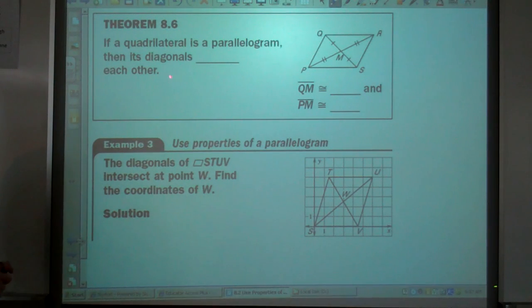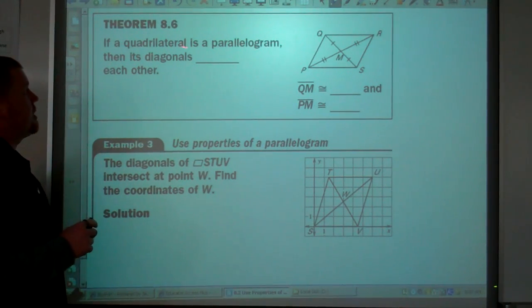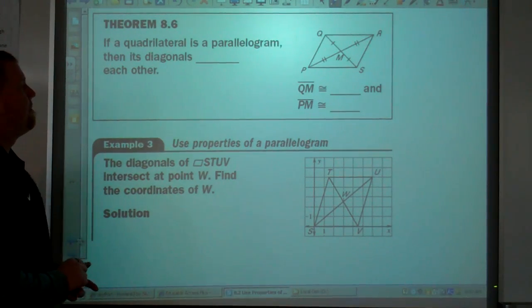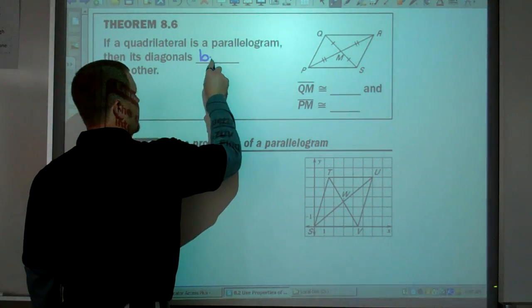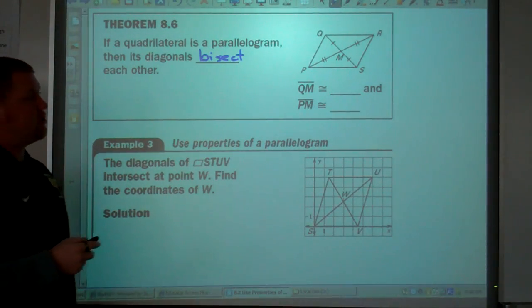Another theorem about parallelograms. If a quadrilateral is a parallelogram, then its diagonals, QS and PR, bisect each other. And we've heard that term before, bisect. It means it divides it into two congruent parts.